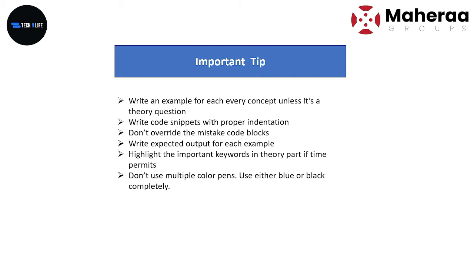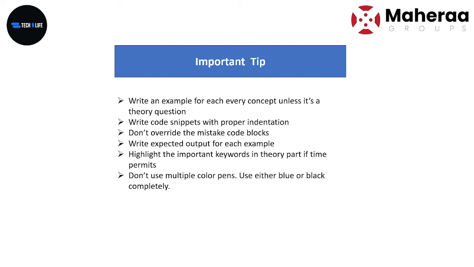And highlight the important keywords in the theory part if time permits. That means if you are speaking about overriding and overloading, some keywords will differentiate those two things. So you have to highlight those by underlining, and don't use multiple color pens, either blue or black, only one, not both.